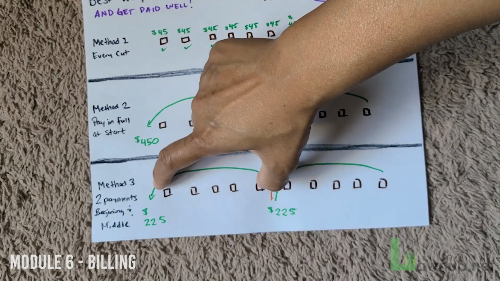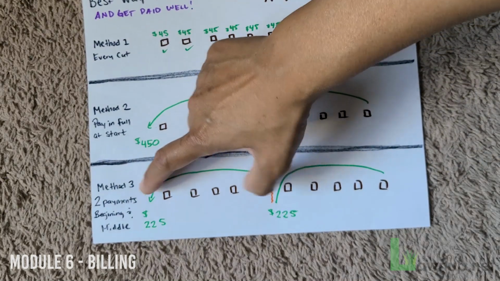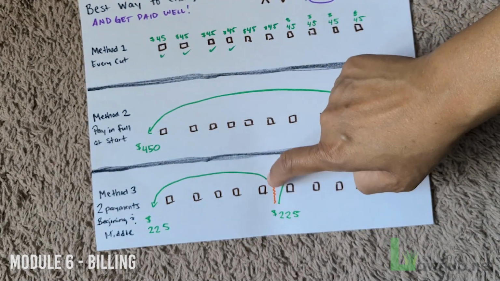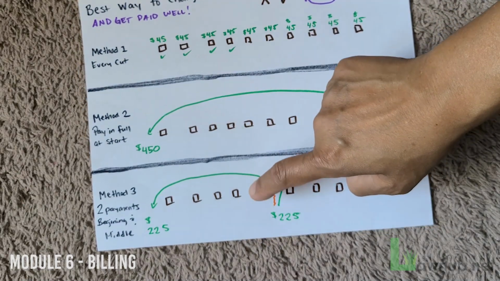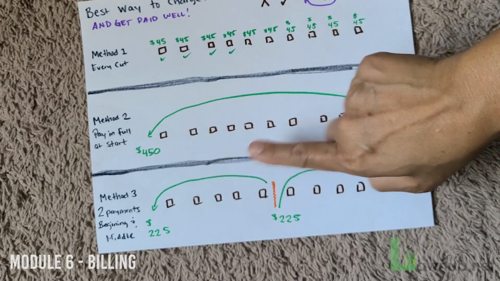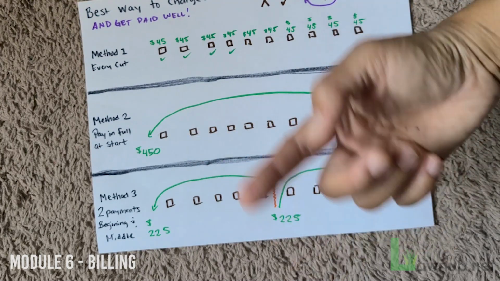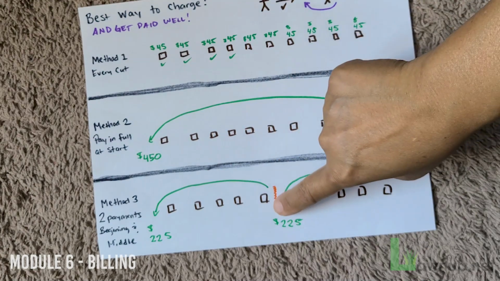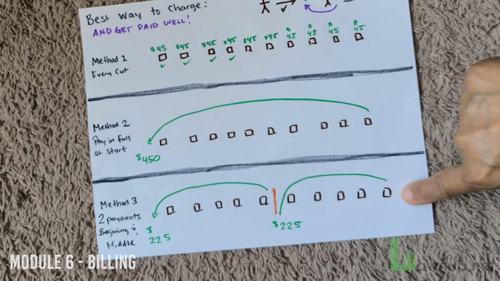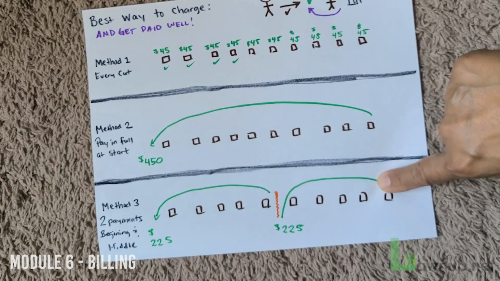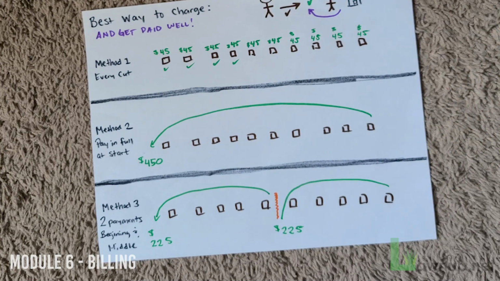I will charge the first 5 cuts at the beginning of the season. And then about the halfway mark of the lawn cutting season, I'll tell my client, hey, love cutting your lawn. Can you believe it's half of the season already? And here is an invoice for the rest of the season to cut your lawn until the end of summer.